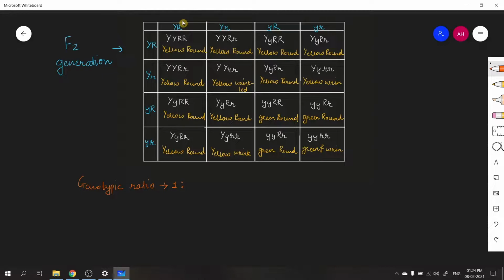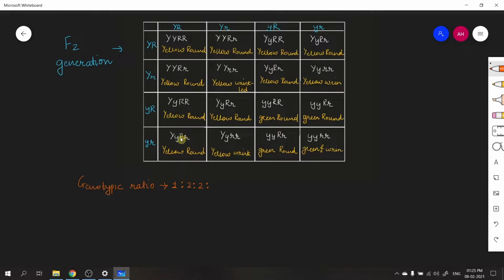Now the second one, these two, look at this diagonal, right? This box as well as this box, both of them have capital Y, capital Y, capital R, small r. So it occurs twice. So let us write down number 2. Next, look at this box and this box, this one and this one. Both of them are same, right? They are capital Y, small y, capital R, capital R. So we will write down number 2 again.